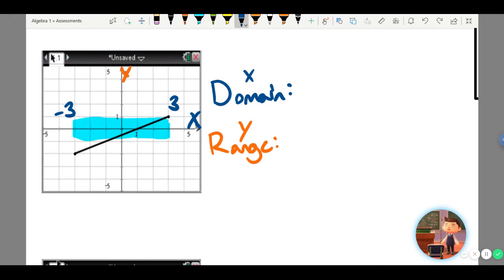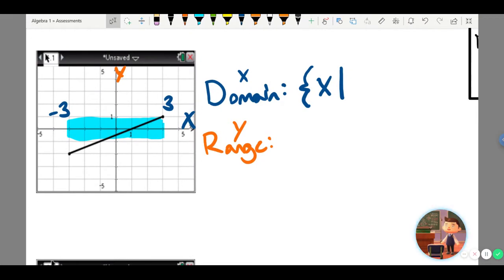Now, the way we're going to write this domain is a special type of way called interval notation. And I'll say it in English while I write it in math. So let's try this here. It's the set of all x values such that x is in between -3 and 3.